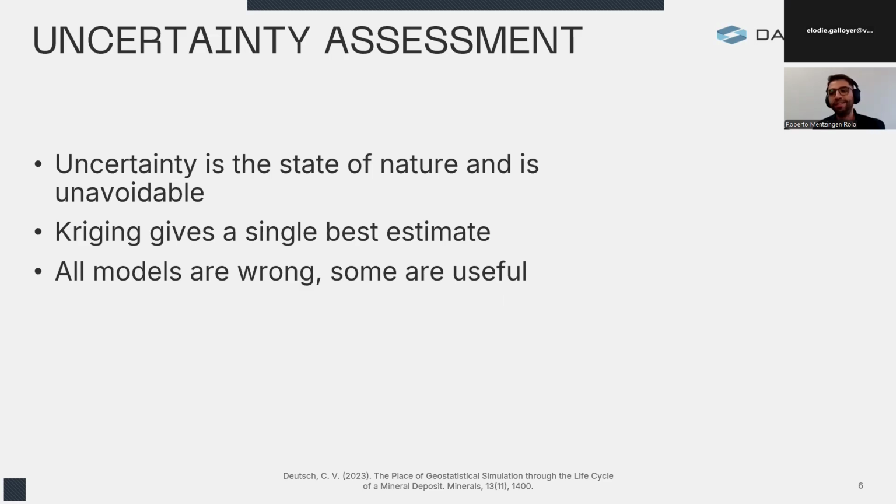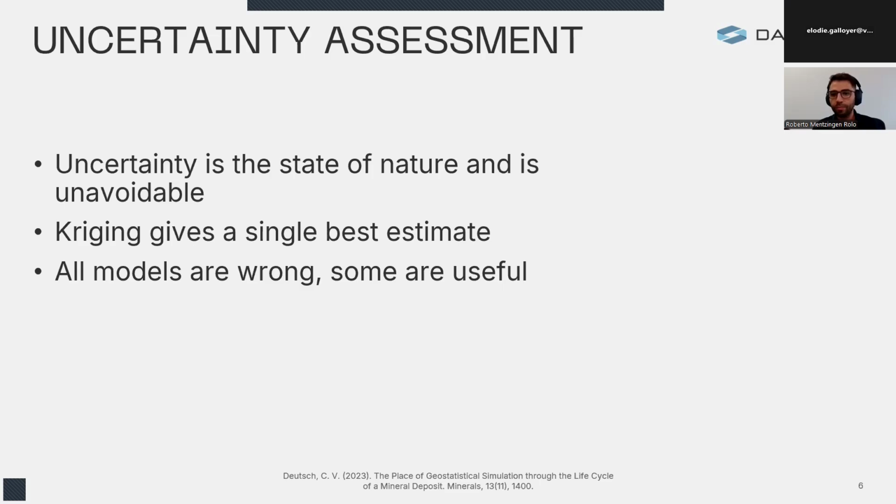And as the statistician George Box famously said, all models are wrong, but some are useful. And the key is to understand how wrong our models could be so we can make better informed decisions. And this brings us to the second issue. Unlike probabilistic techniques, kriging does not represent uncertainty. And it does not allow us to properly manage its consequences.